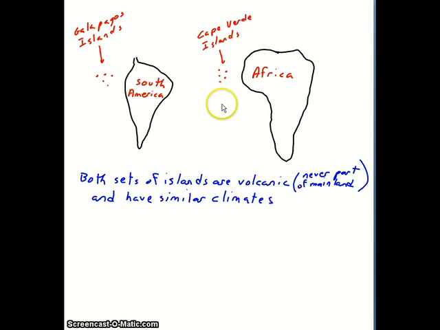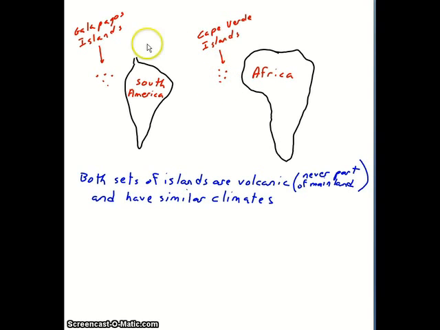Now let's consider then these two sets of islands, the Cape Verde Islands off of Africa and the Galapagos Islands off of South America. Both sets of islands are volcanic, and they have very similar climates. So again, in Darwin's time, there was this idea of the climate hypothesis.